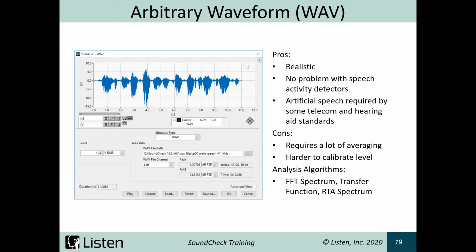There might be some large difference between the peaks and the RMS values of these. If that's something that you're limited to on the peaks of your output amplification, it could be a little bit harder to pick what level you actually want to use. For this, we can use FFT spectrum, transfer function, and RTA spectrum.